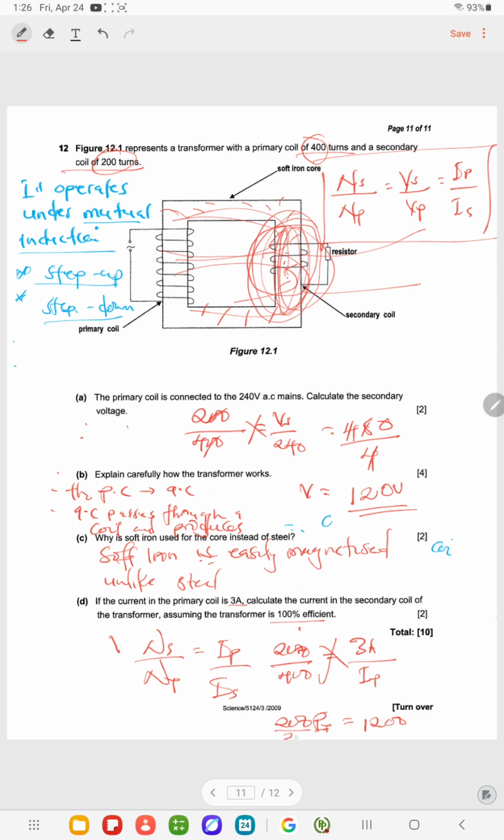We divide by 200 on both sides, so we cancel. So 2 into 12 will give us 6.